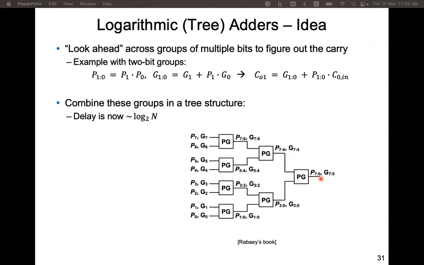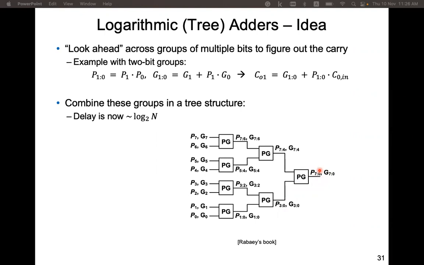Now let's say the group generate signal G7 to 0 is high, then the carry out for the last bit is high. Or if the group propagate is high, then C0, the first carry in, will propagate to the output.